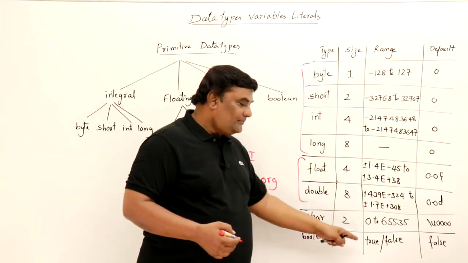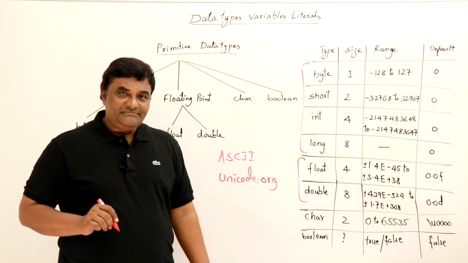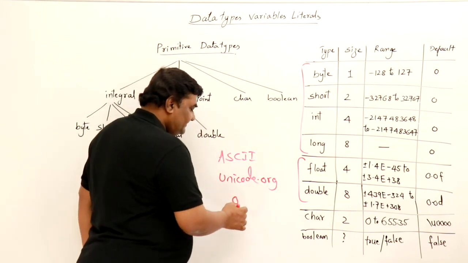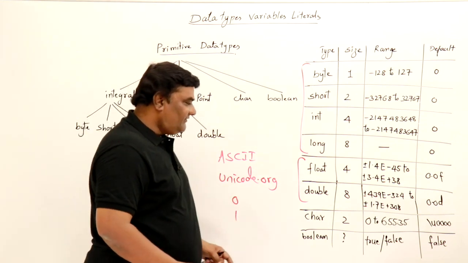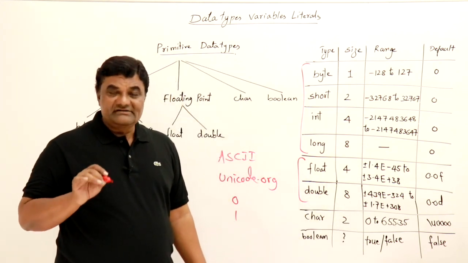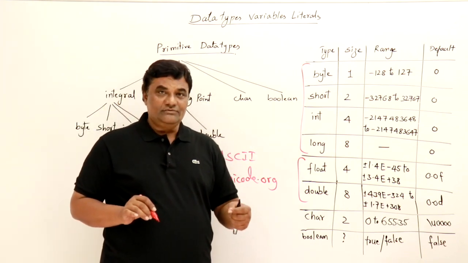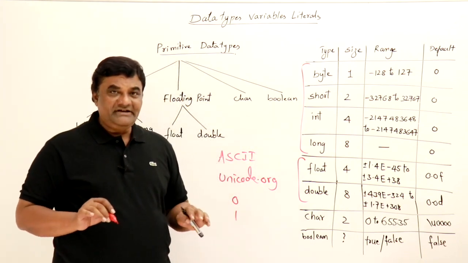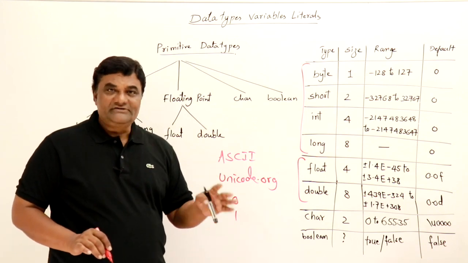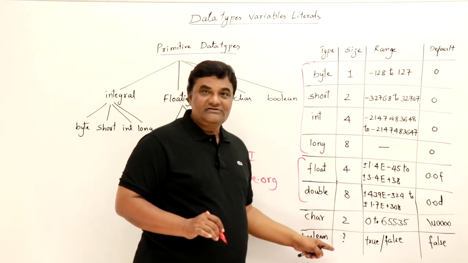Then lastly, boolean. This is true and false. If you're coming from C++, you may know that 0 means false and 1 means true. But here in Java, the keyword true is used. It's a reserved word, that is, true is used or false is used. So true here doesn't mean 1. True is true only and false is false only. How many bytes it takes is not mentioned.